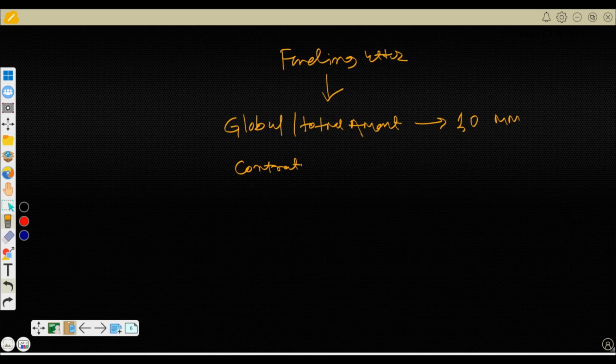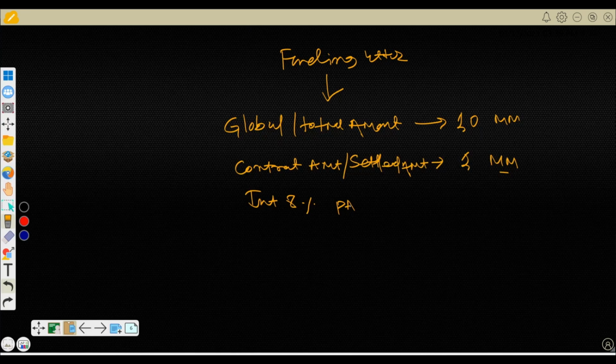Let's say it is 1 million. Then interest, let's say 8% per annum. Then the status of this particular funding, whether it is received or not, and if it is received, then the bank account details are required.